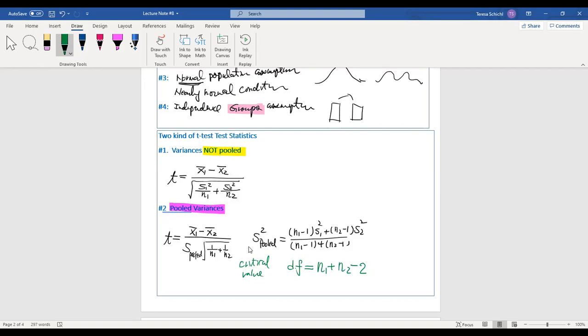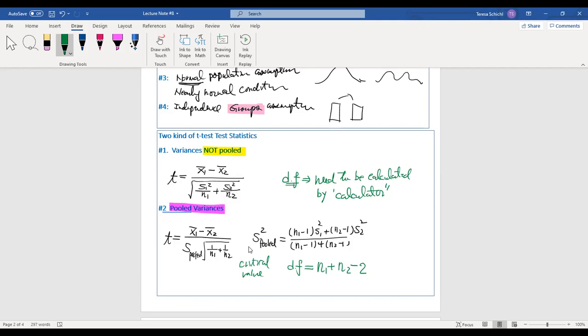If your variance is not pooled, then the degrees of freedom need to be calculated by calculator, and it will be a non-integer number, so it will not be a whole number. For the pooled variances, it will be N1 plus N2 minus 2.